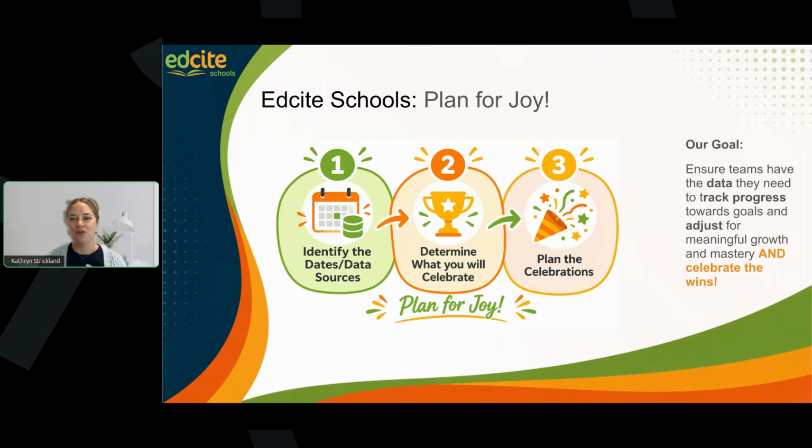So I just wanted to really intentionally link this to yesterday's session because we talked a lot about tracking and how to find data in Edcite. And if you're not doing that, then intentional celebrations will be hard. So that's why this is the third session. You might hear me talk about Edcite specifically a little bit less, and that's because if you're tracking using Edcite from our session yesterday, then these parts kind of flow naturally as the next step.